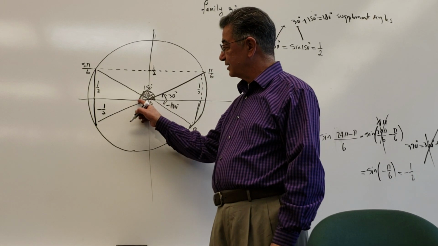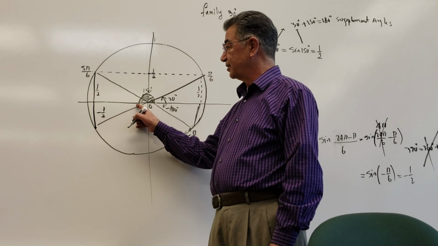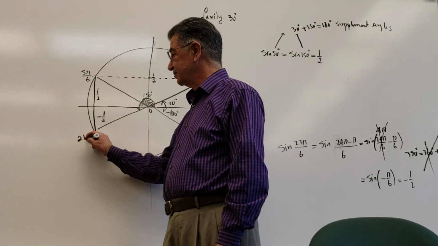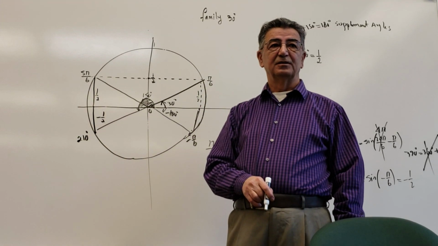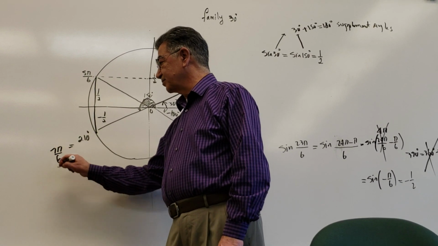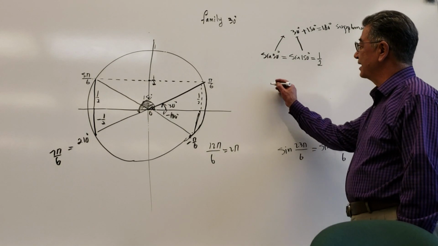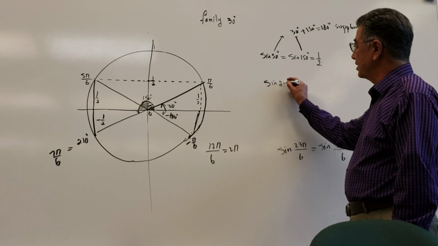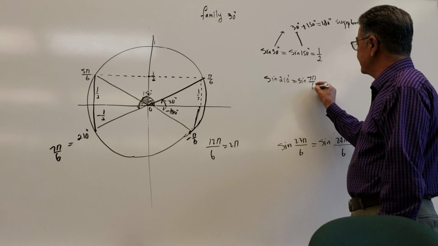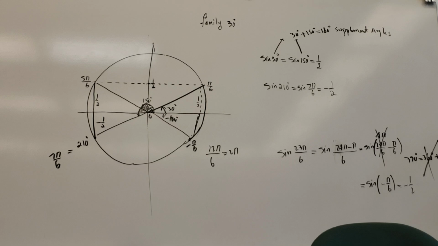And I just calculated these angles are all equal. If this is 30, this is also what? 30. So we added 30 to 180, now we're getting what? 210, which you guys know is 7 pi over what? So you can write it as sine of 210. That is a family of 30, but it's what? It's negative.